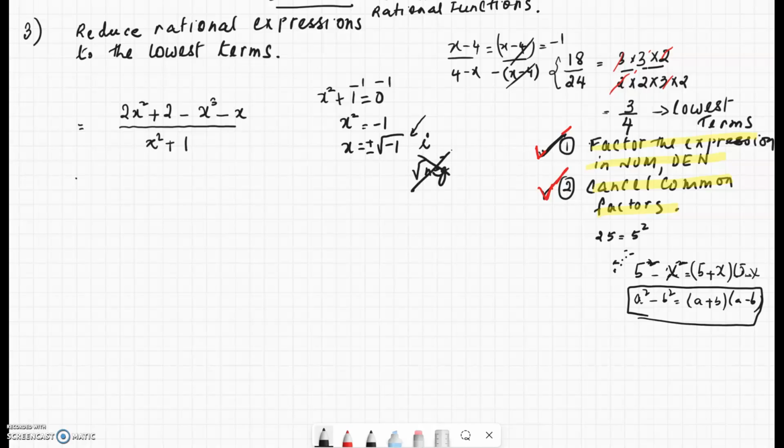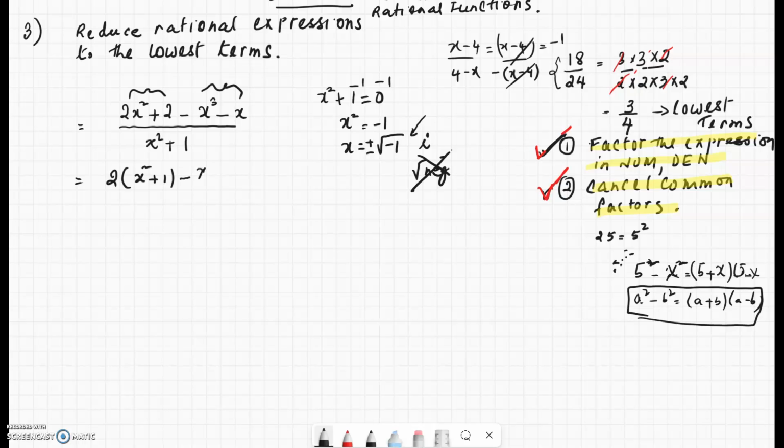Now let's quickly factor by grouping. Let's group these terms and then factor it. The common factor for the first group, 2x squared plus 2, is 2. And that's 2 times x squared plus 1. For the next two terms, take a negative out.